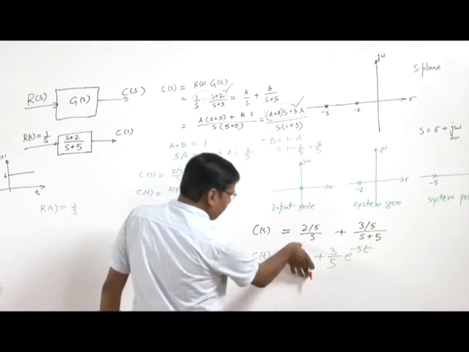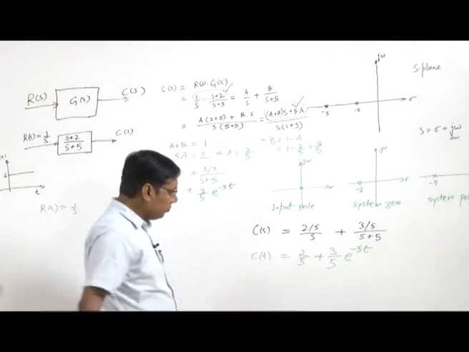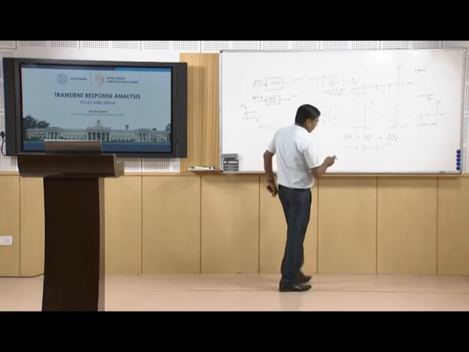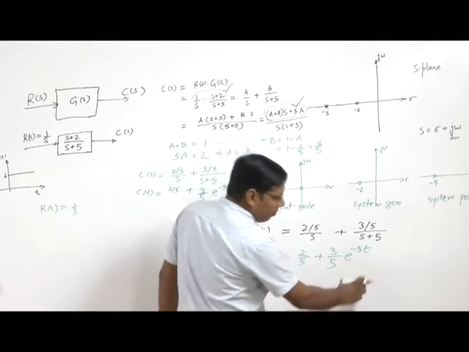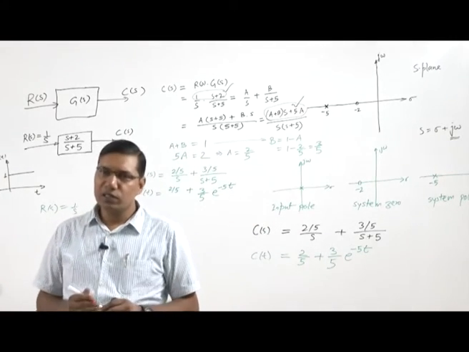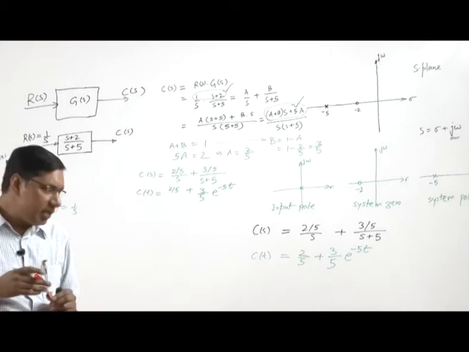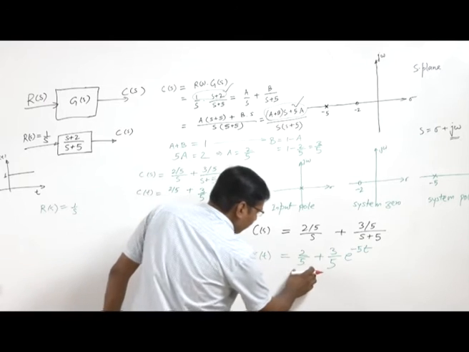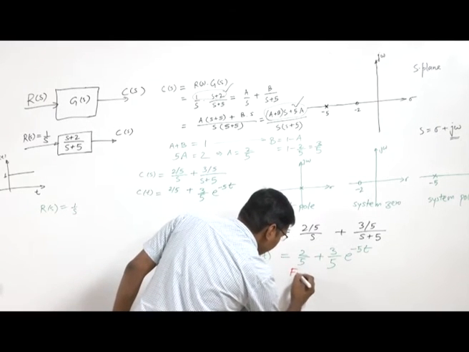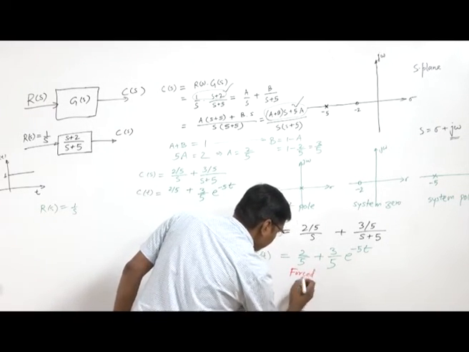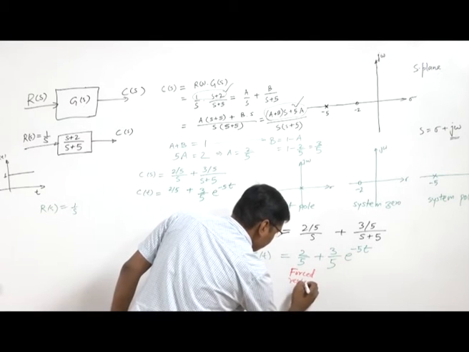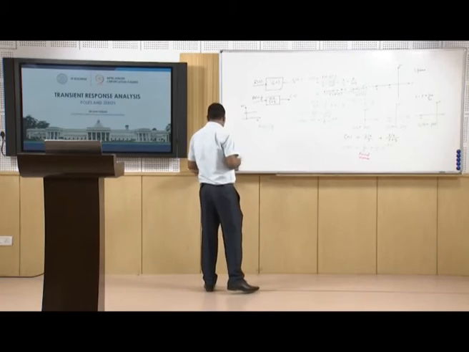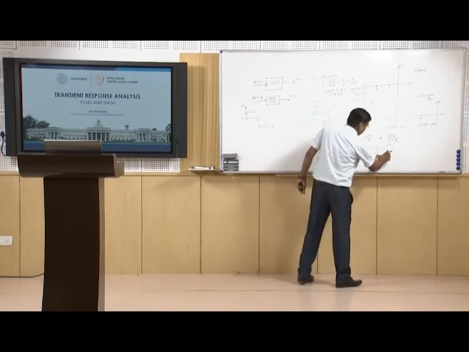We can see this is the constant term, so this is the steady state value, and this is the exponential minus 5t, that is the exponentially decaying value with time. So this is the forced response, and this part is the natural response.